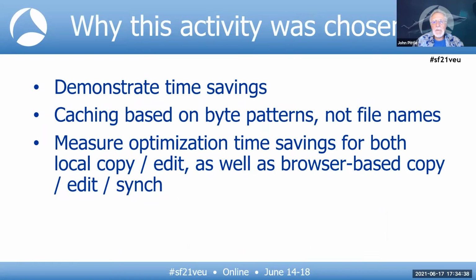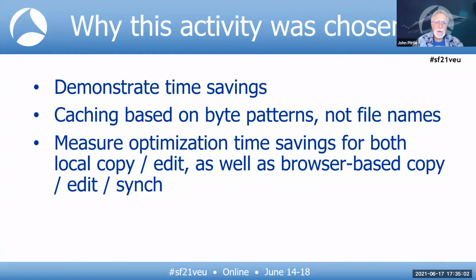So the goal of all of this activity was to demonstrate time savings. And the reason there's different file names is because I wanted to show that caching is based on byte patterns, not on file names. So these are not file objects caching. This is byte pattern caching, which is more efficient and more flexible.